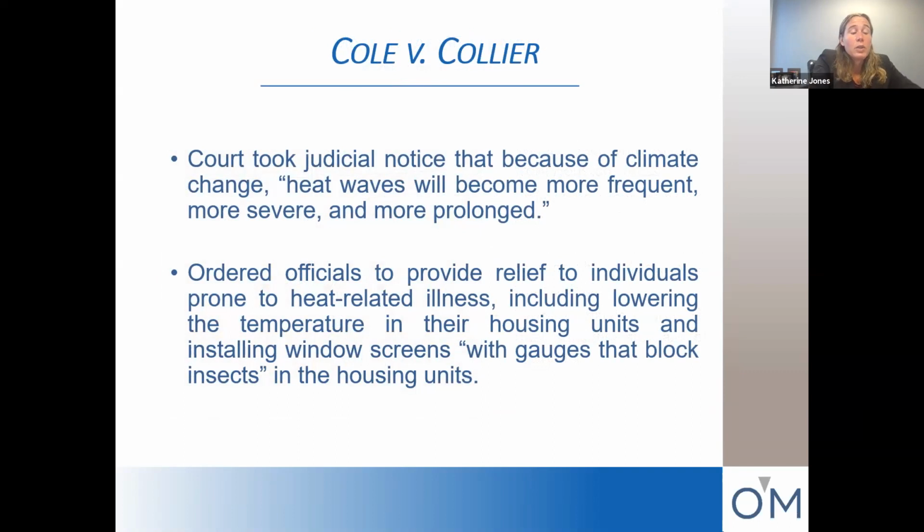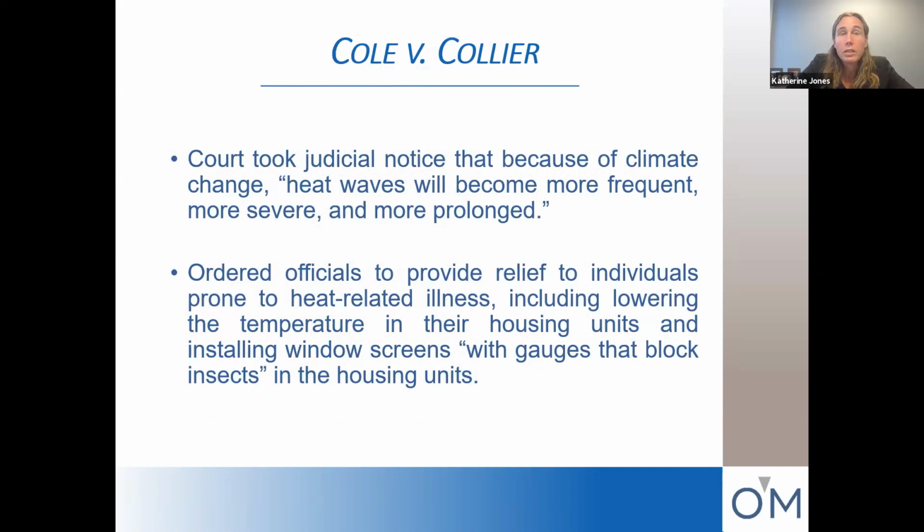Again, in this case, this wasn't a case against an architect or an engineer, but the court took judicial notice, which essentially means that the court on its own said, look, because of climate change, heat waves are more frequent, more severe, and more prolonged.